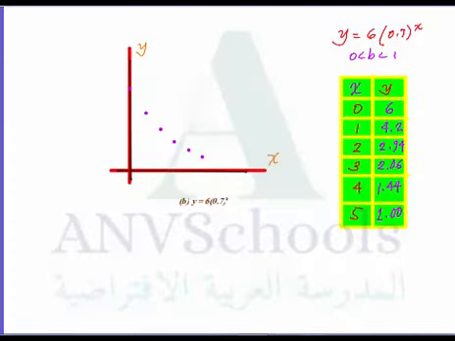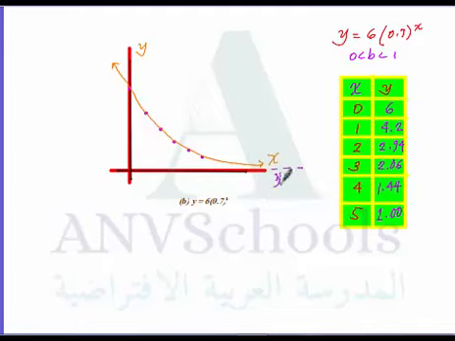Let me take off the grid now. Remember, we have a horizontal asymptote at y is equal to 0.